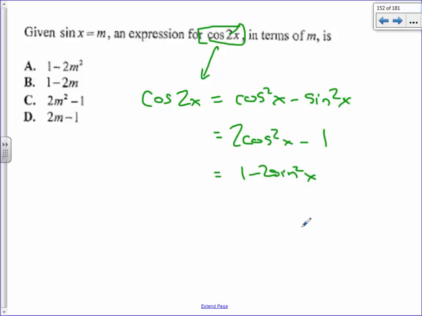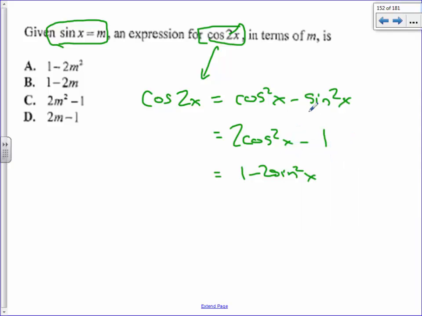Okay. Well, now that I've identified some different ways that we could try to write cosine 2x, all I'm given is that sine x equals m. So what I could do is plug m in for this bit right here, but that doesn't help with the fact that I don't have something for cosine. I could plug in m right here.